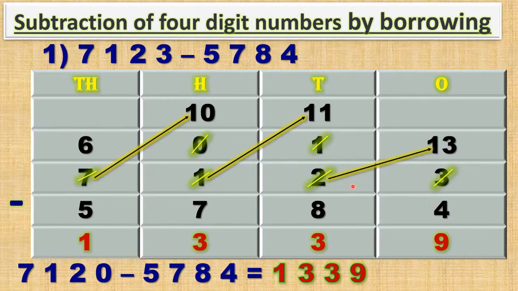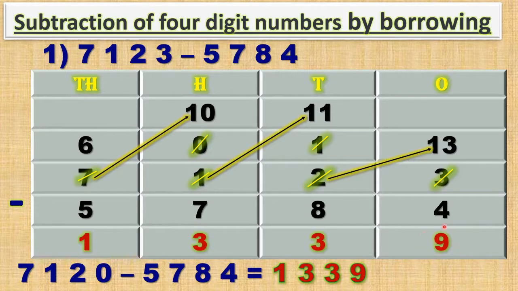We will borrow 1 ten from 2 tens place. So 2 will become 1 and 3 will become 13. Means borrowed 1 ten plus 3 ones make 13 ones. Now we have to subtract 4 from 13. 13 minus 4 is equal to 9. The answer will be 9.